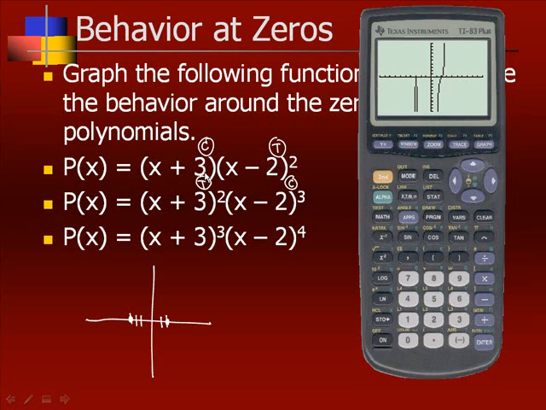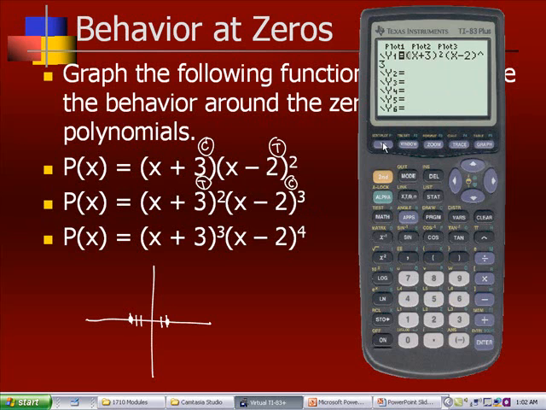You see the pattern yet? Let's do it one more. x plus 3, we're going to say up arrow, and I'm going to insert my third power, times x minus 2, and we're going to change that one to the 4th.